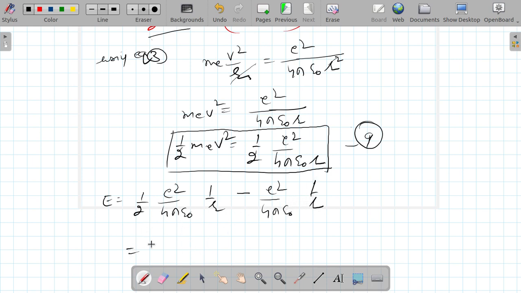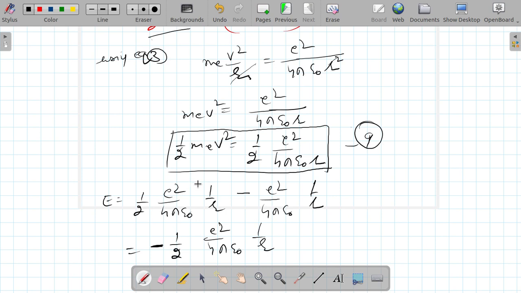So if I simplify it, it is 1 by 2 e square over 4 pi epsilon naught into 1 by r, with a negative sign. That's what I am getting.